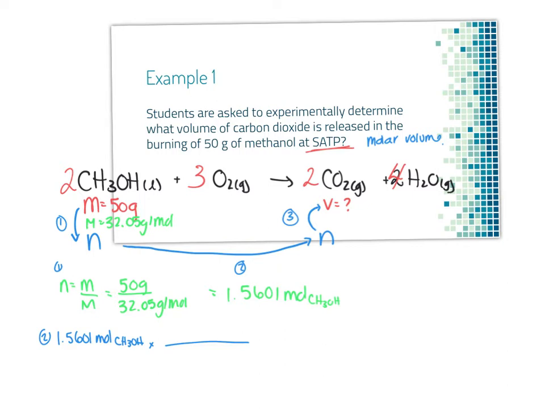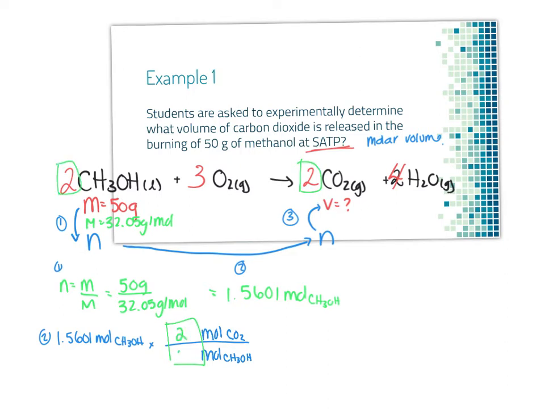So I took my moles of methanol that I'd calculated in step 1 above, but I need to cancel moles of methanol. So they need to go on the bottom of my mole ratio. And I'm interested in finding moles of CO2, so they go up top. The numbers that I put in here are the coefficients from our balanced chemical equation.